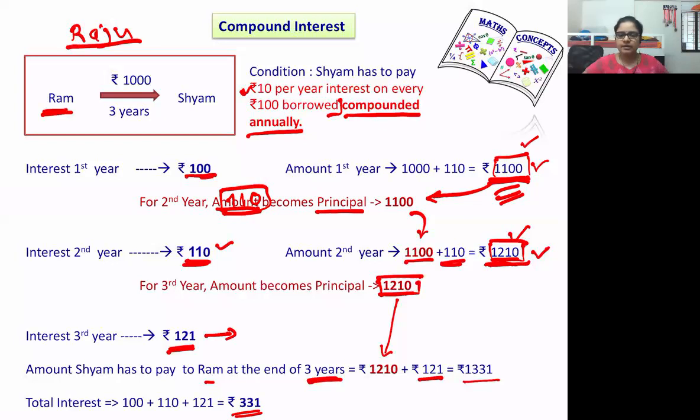Instead, Sham says, please give me 1 more year, I'll give you the same rate of interest, 1 more 100 rupees. That way, Ram would have earned only 1,200, because 100 plus 100. For 2 years, he would have earned 200 rupees, right?